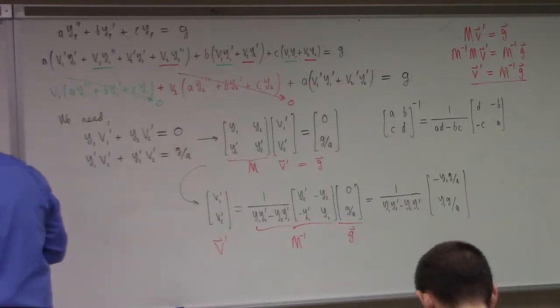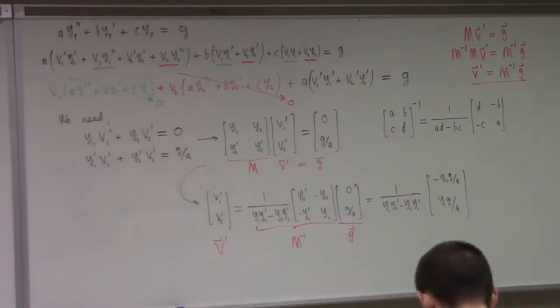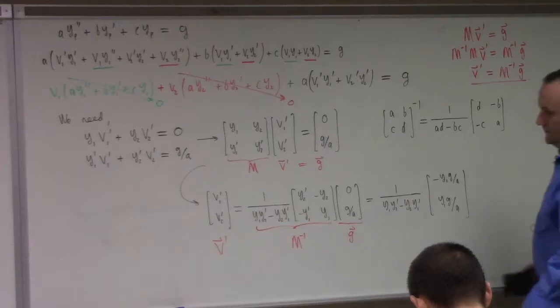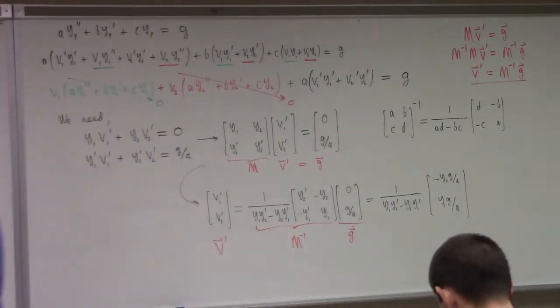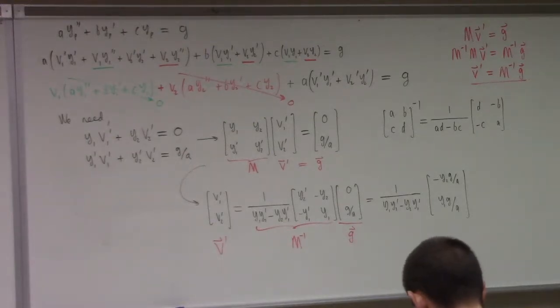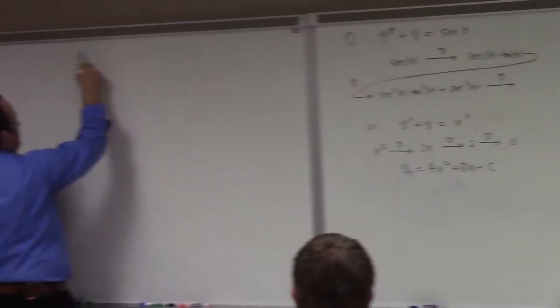Okay, getting to the point here. We have now reduced this. We got V1 prime and V2 prime. What are they? So we have derived that dV1/dx equals what?